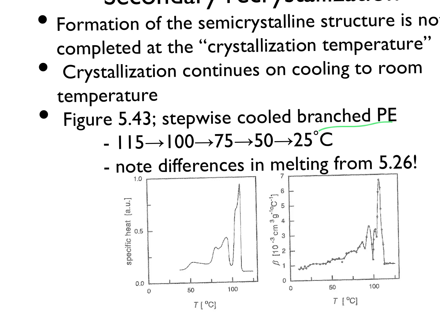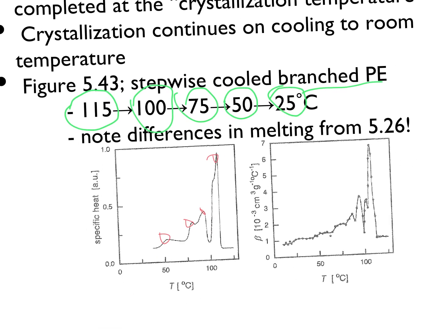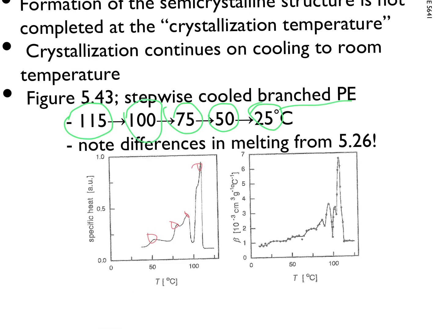And so they took this stuff and did a crystallization experiment where they sat at 115, then at 100, then at 75, then at 25, and stopped, pulled it out, put it in the DSC, heated it up, and what you're seeing here is melting at 50, melting at 75, melting a little bit below 100, and melting at 115. And so you're capturing those crystallization events in the DSC experiment.